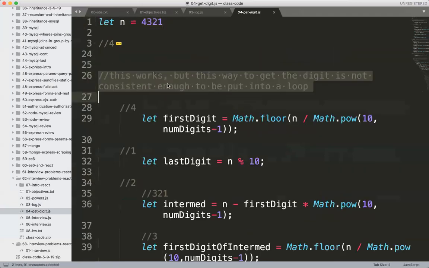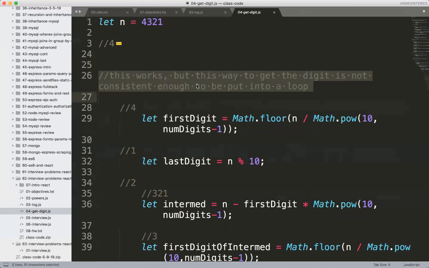So all of the following ways of getting the digits here work, but they're not consistent. And consistency is important when you're solving problems on LeetCode or in interviews, because without consistency, you can't keep it inside of a loop. You can't keep doing it for the first digit, the second digit, the third digit, the fourth digit, right?